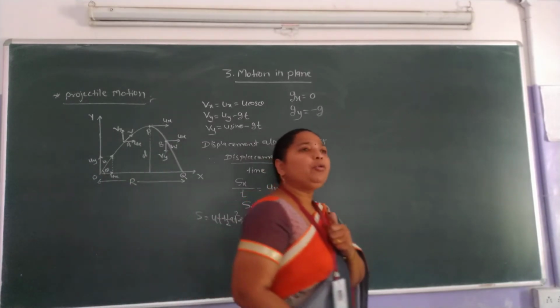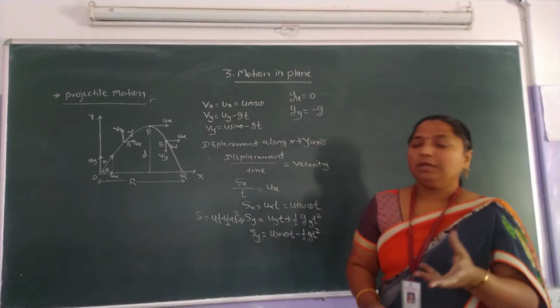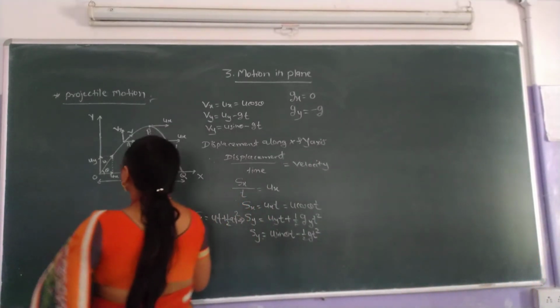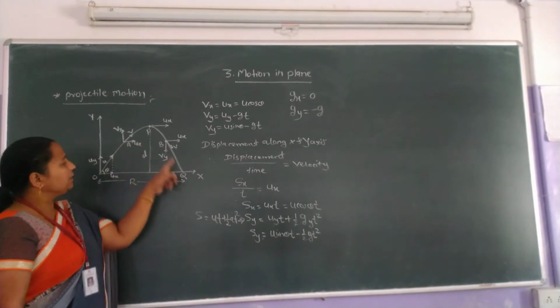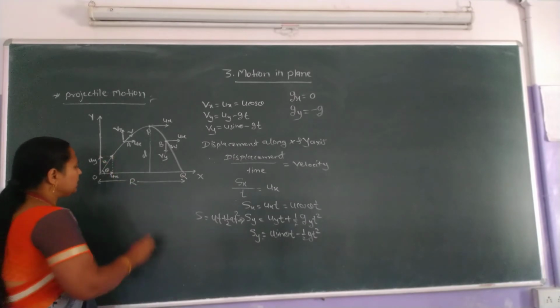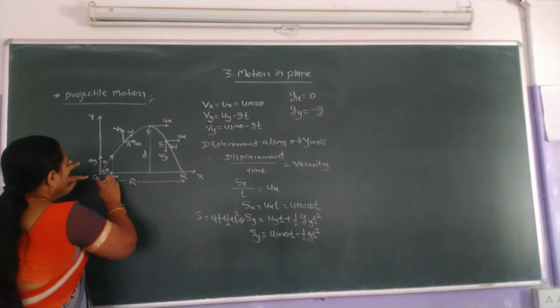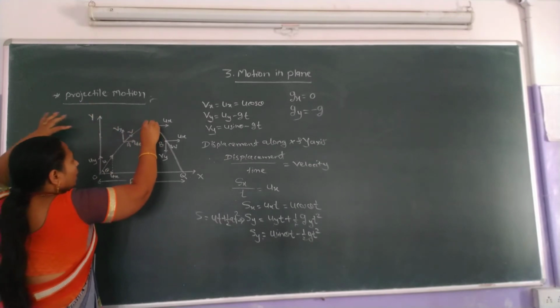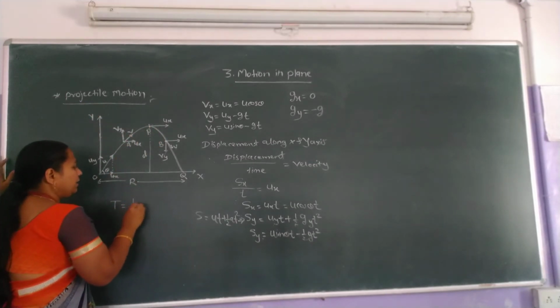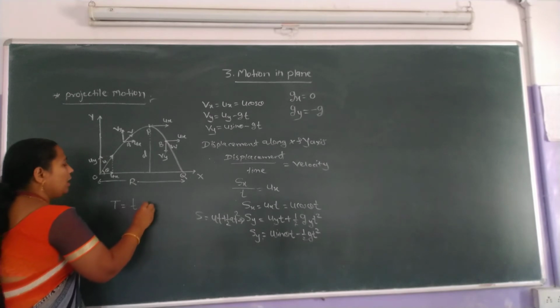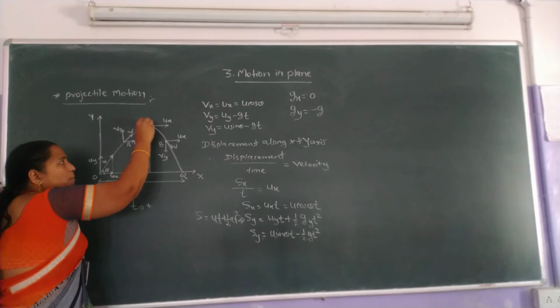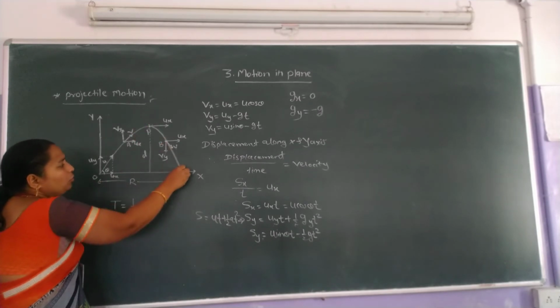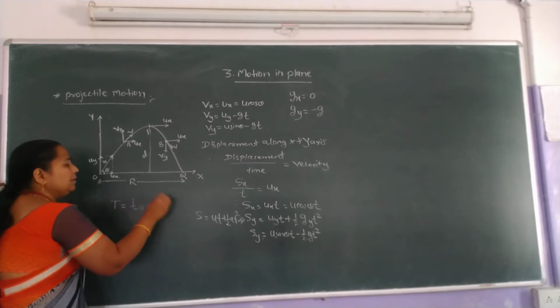Now we can calculate the range when the projectile reaches the same horizontal surface. To cover the trajectory, the total time t is the time to reach maximum height, t0, plus the time from maximum height down to the same horizontal surface, which is the same time.